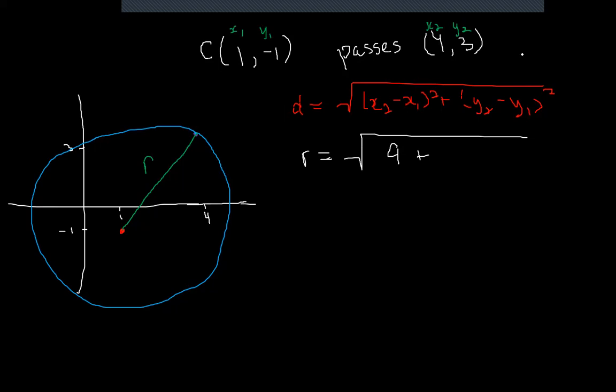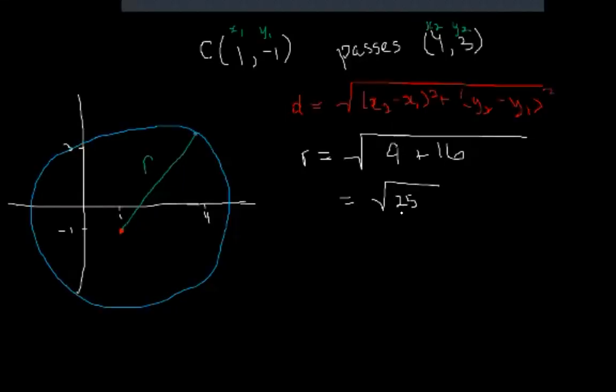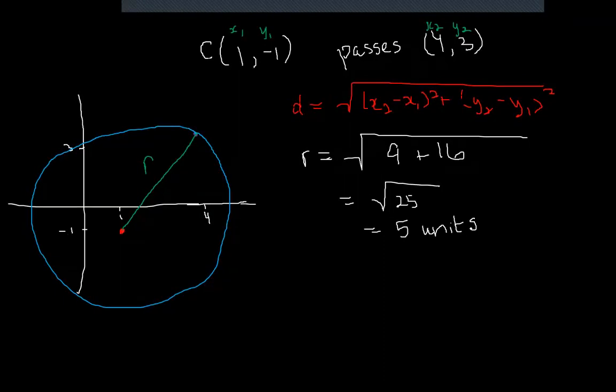And we know that 4 squared is 16. 9 plus 16 is 25. And the square root of 25 is 5. And that's why my answer for r in part I would be 5 units.